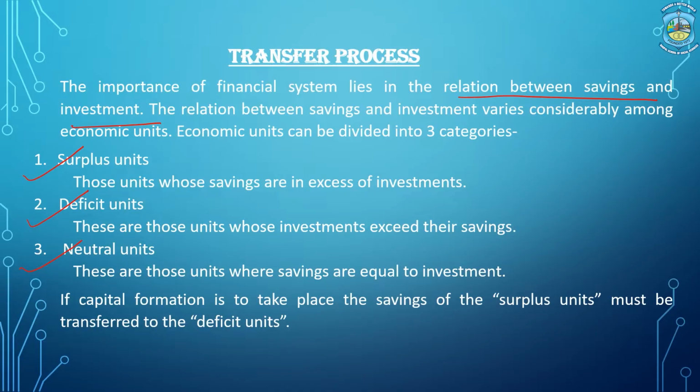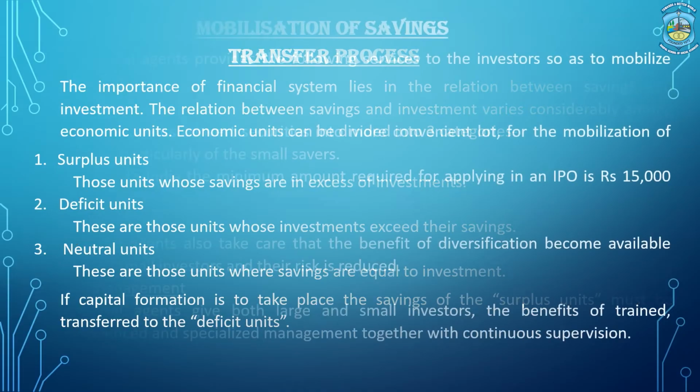The third is neutral, where savings are equal to investments. So, this is how the transfer process takes place.